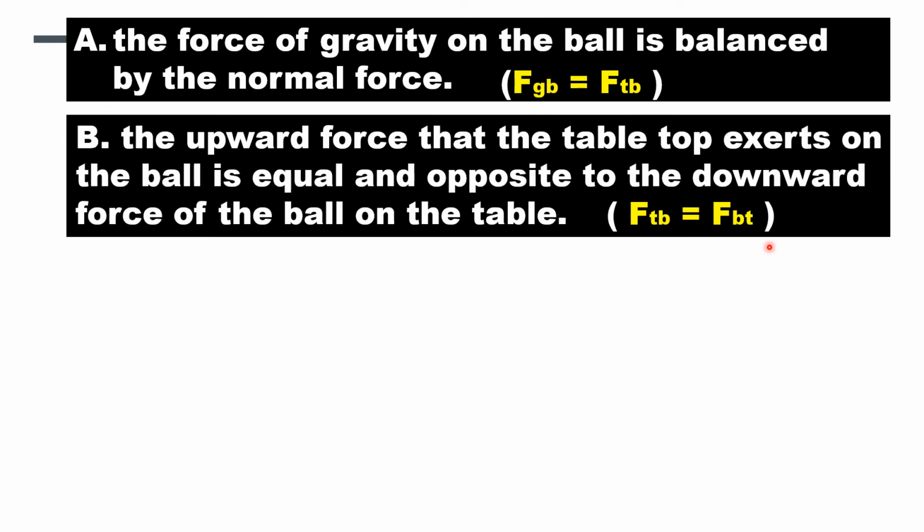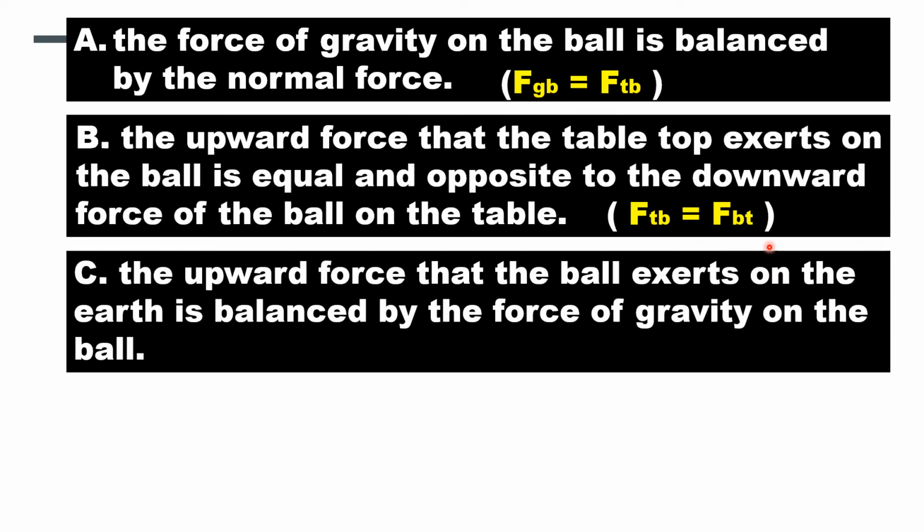Now let's look at the explanation given in letter C. The upward force that the ball exerts on the earth is balanced by the force of gravity on the ball. These are labeled as FBG and FGB.